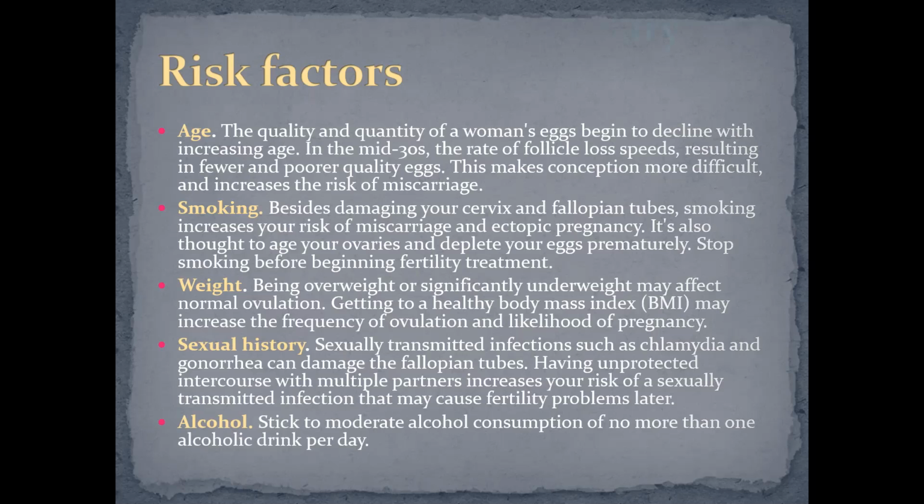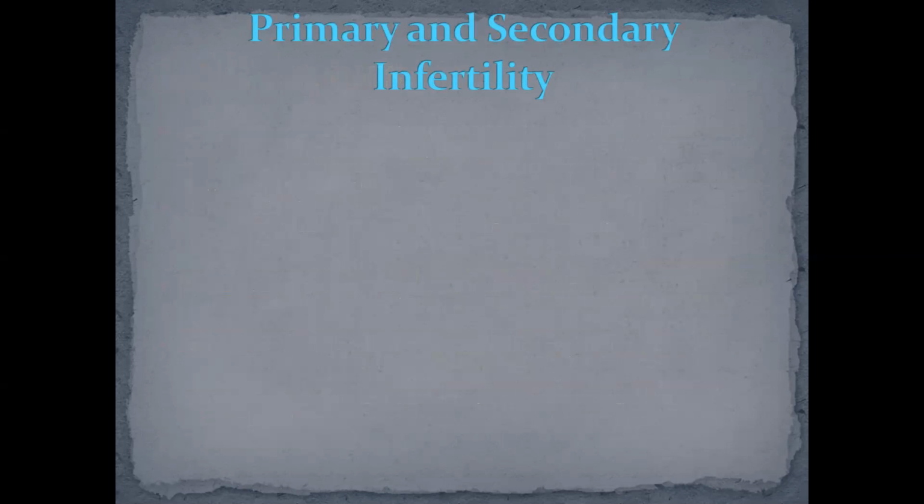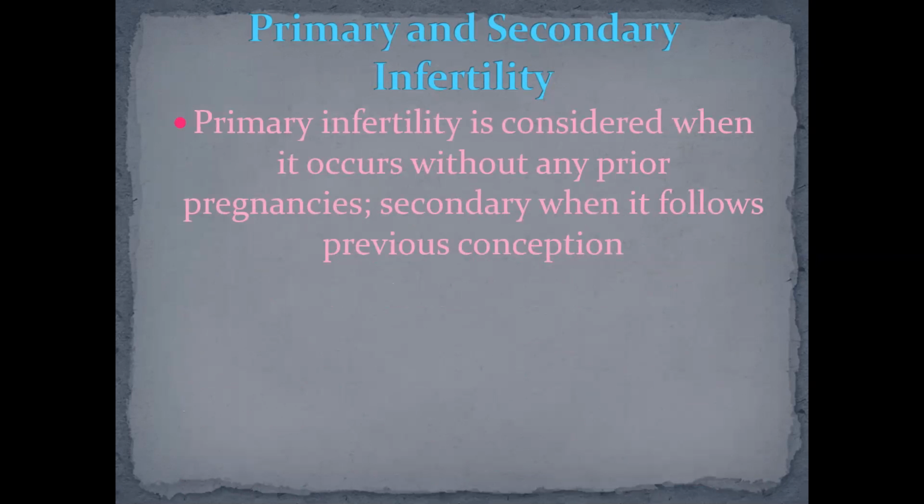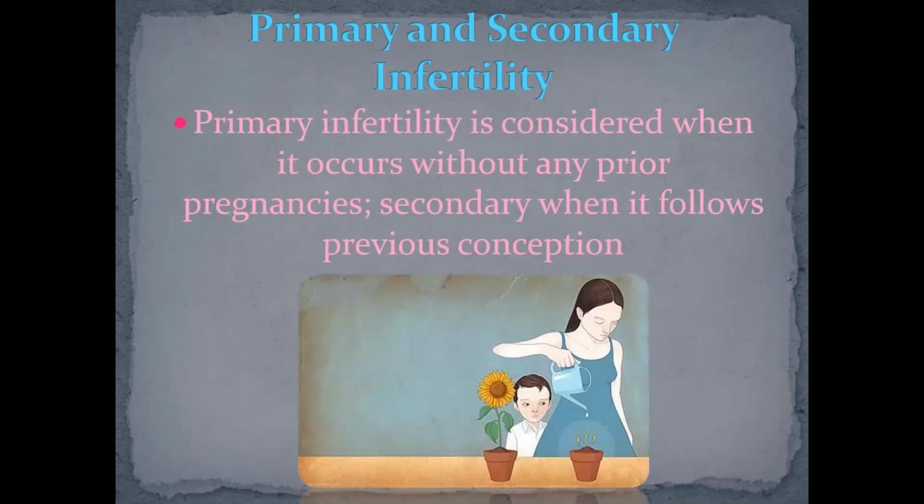Excessive consumption increases the incidence of infertility. Infertility is classified into primary and secondary. Primary infertility is considered when it occurs without any prior pregnancies. Secondary, when it follows a previous conception.